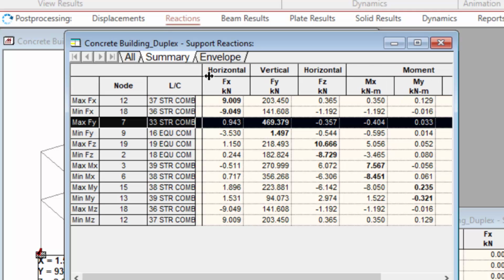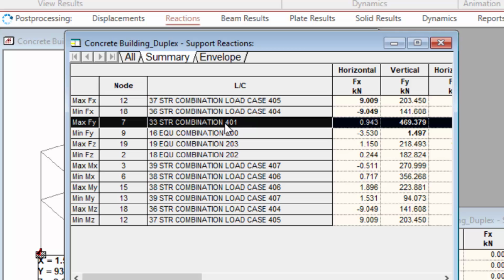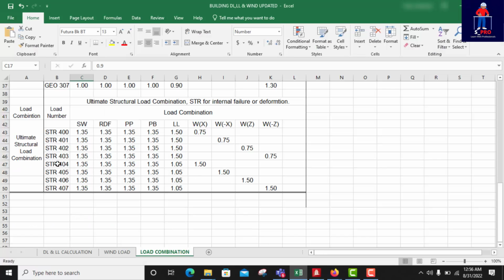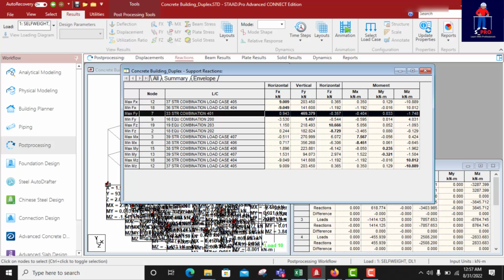Let's see the one that gave us maximum. That's load combination 401 that gave us this. See 401. So this one gave us the maximum downward force at ultimate limit state.